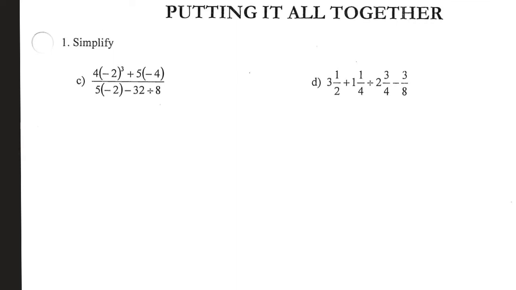Now, if you hit a bit of a wall on C and you want to jump over to D, that's no problem. But when you're done D, you better jump back to C and get a full solution for that one. Next time we come back together live, I want you to have a solution to both C and D.